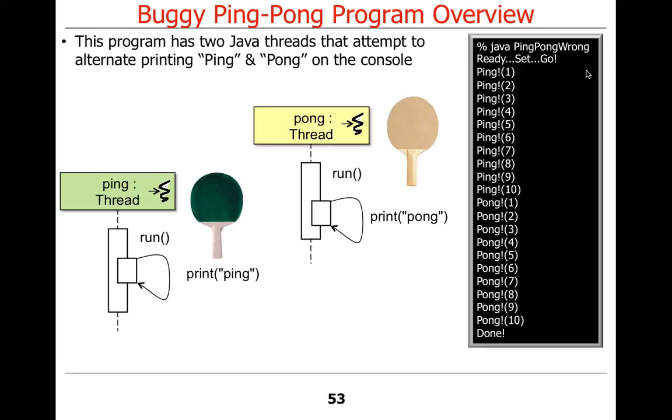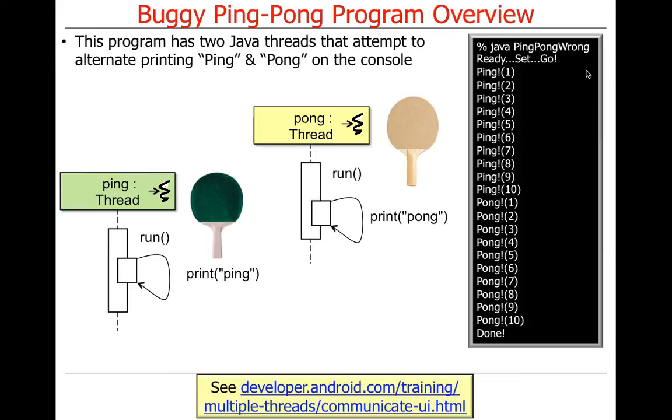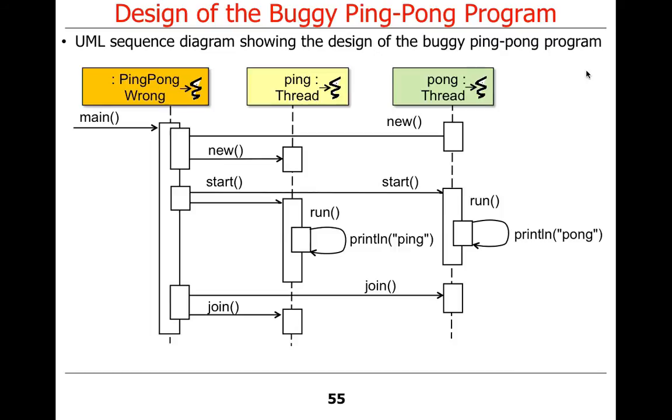Instead, it's going to run all the pings first, followed by all the pongs. So that's clearly not properly alternating pinging and ponging. And you'll see that there's a bunch of subtleties here. And of course, in Android, it gets even more complicated. And you'll get a chance to play around with this later, because we'll have this as one of the assignments.